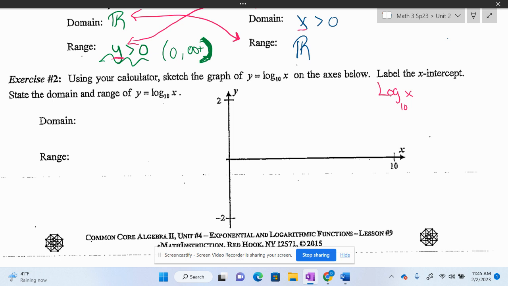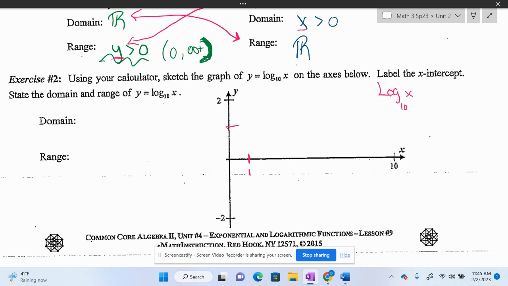So graph it, and then let's look at some tables. Tell me some points. I don't do a really good job of graphing fractions or decimals, so I just really want whole numbers. Otherwise I struggle. At 1, 0, yeah, and at 10, 1.